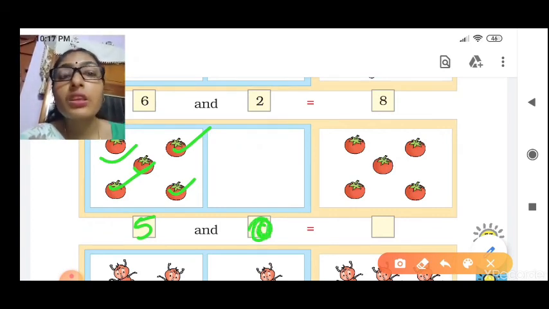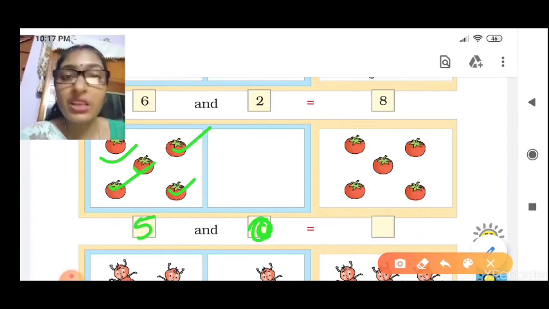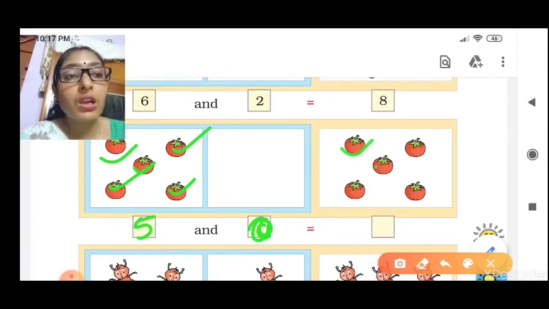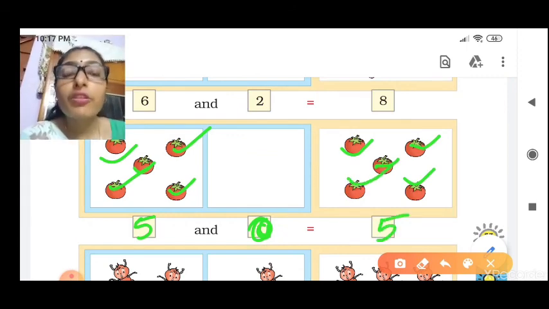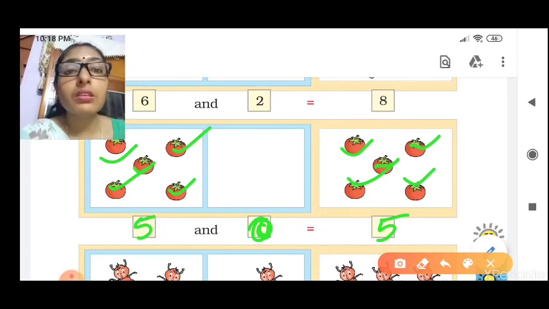So 5 tomatoes and 0 tomatoes, total how many? 1, 2, 3, 4, 5. Nothing means we can't count, 0 we can't count. So 5 plus 0 we are getting 5. That means when we are adding, when we are counting the numbers, with nothing we will get the same number.